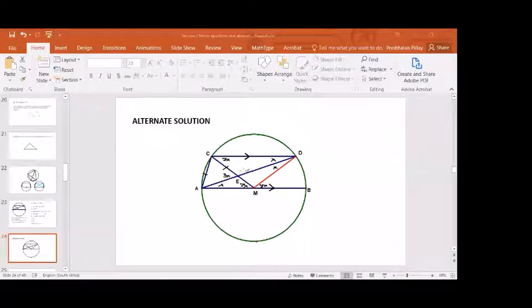Which other angle is, how can we proceed now? CAD is also 3x, right? DEM is 3x as well. They are vertically opposite angles. Now watch, MC and MA are also radii, right?